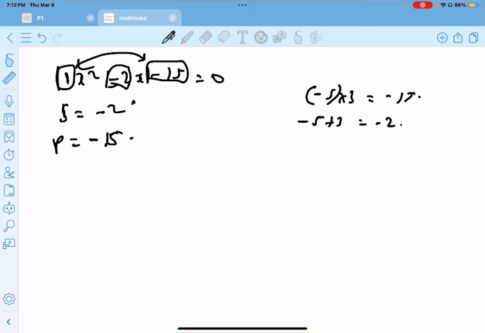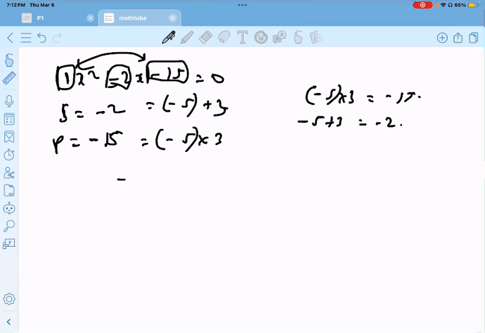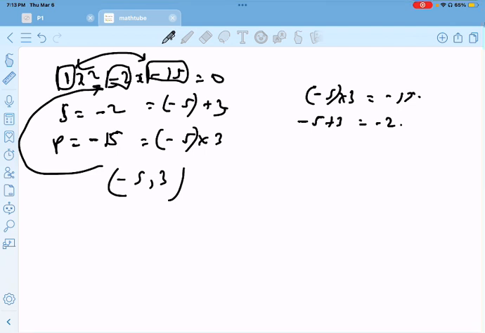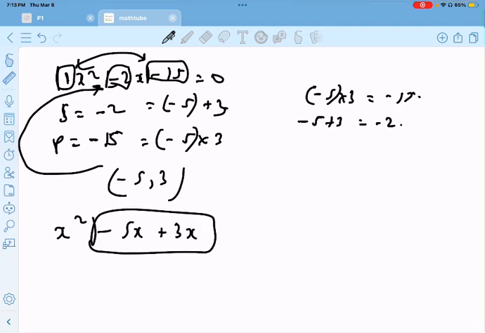So let's solve this equation. We substitute the negative 5 and the 3 in place of the b, which is minus 2. So you get x squared minus 5x plus 3x. This totals to negative 2x, so it's basically equivalent.